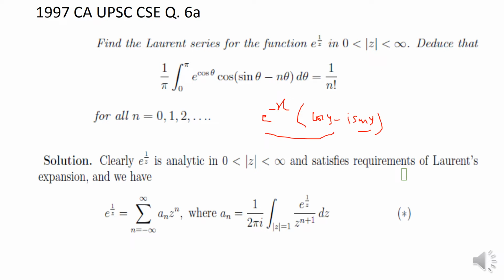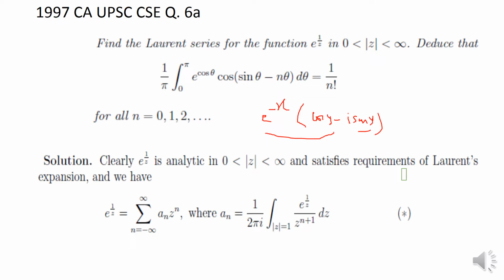We apply Cauchy-Riemann equations. Del u upon del x is equal to e to the power minus x cos y with minus sign, and del v upon del y is minus e to the power minus x cos y. So both are equal. And second we find del v upon del x, that is e to the power minus x sin y, and del u upon del y is equal to minus e to the power minus x sin y.